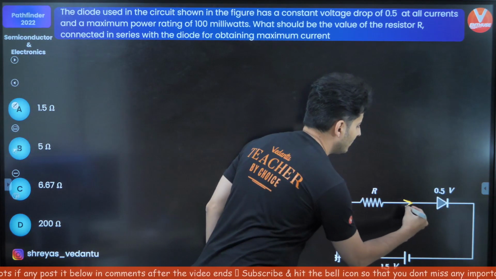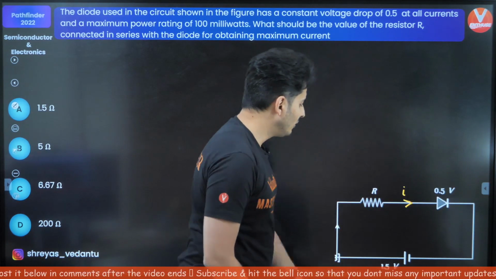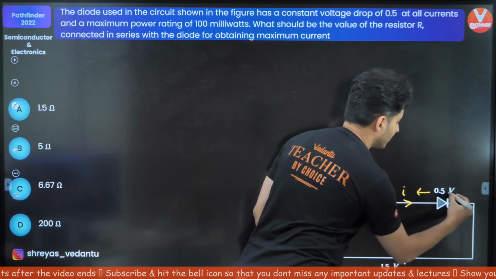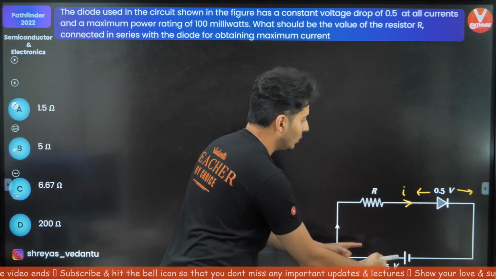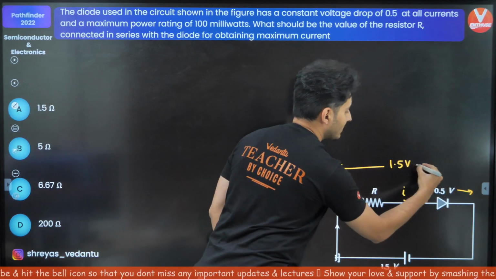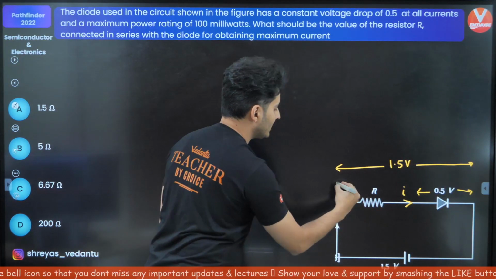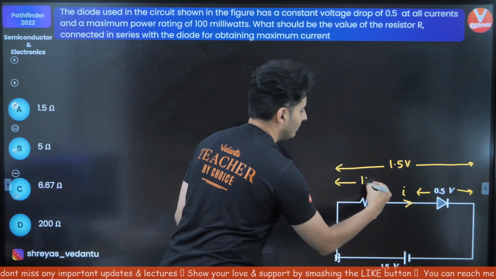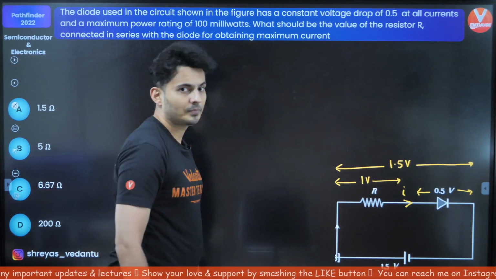Let's say the current over here is I. 0.5 volts is dropped here. So if 0.5 volts is dropped here, and I know totally across this 1.5 volts is dropped, then obviously across the resistance 1.5 minus 0.5, which is 1 volt, is dropped.